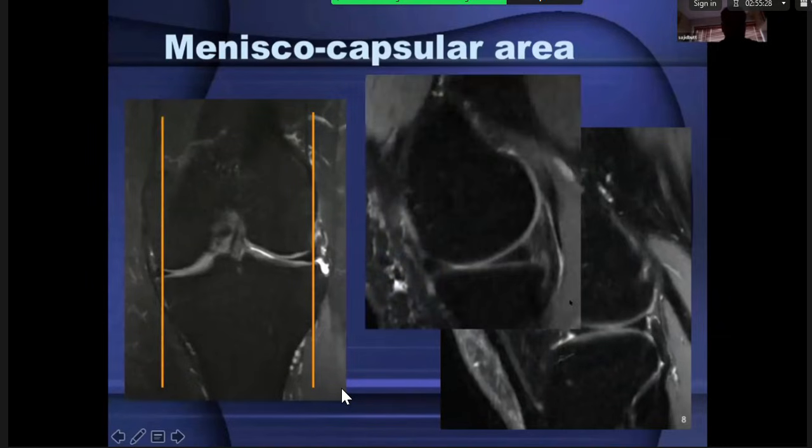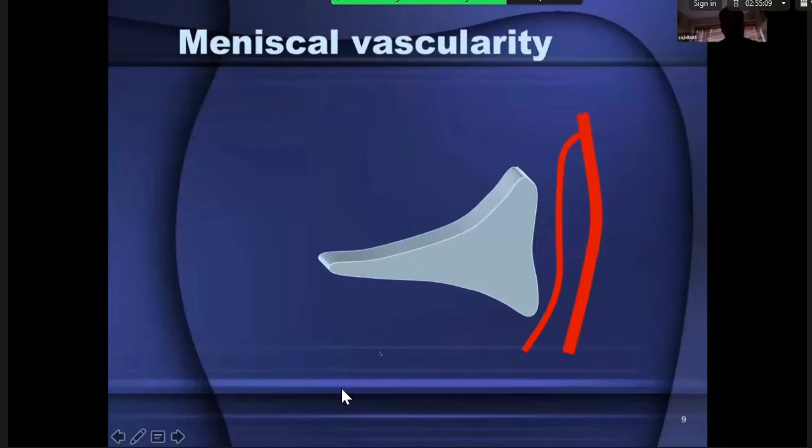On the medial side, we've just got fibrofatty tissue. This is a sagittal image, and we can see fibrofatty tissue attached at the posterior margin of the posterior horn of the medial meniscus. That area and this segment in the coronal image would be the meniscocapsular area of the medial side. More about that later on in the talk.